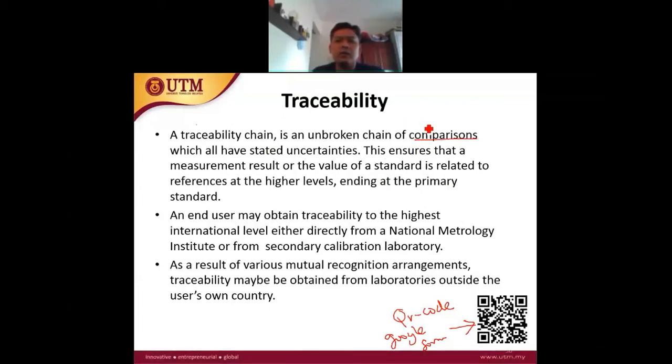The comparisons involved are basically the outcome of a measurement. So in this regard, tools or equipment.